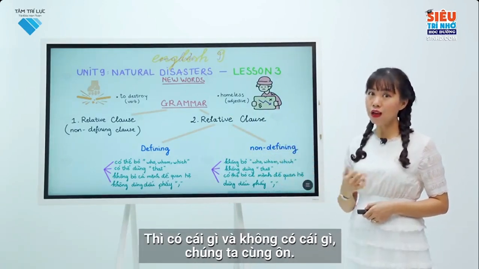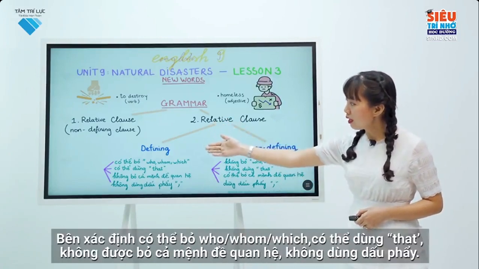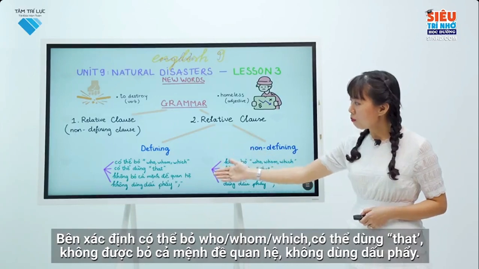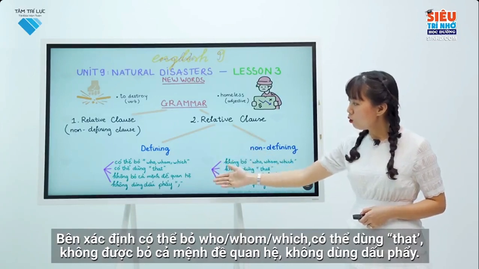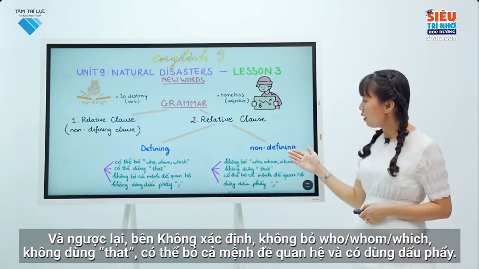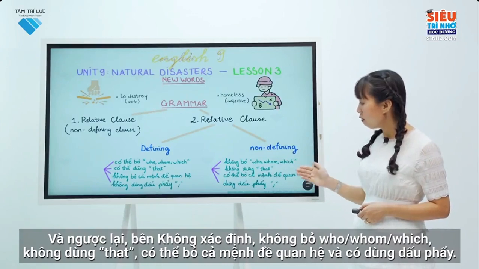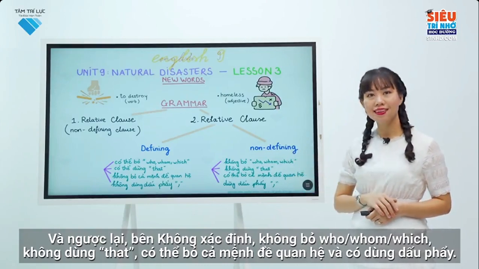Can and cannot do what? Let's revise it. On the defining side, we can omit who, whom, which, can use that, cannot omit the whole relative clause, cannot use commas. And in contrast, on the non-defining side, we cannot omit who, whom, which, cannot use that, can omit the whole relative clause, and can use commas.